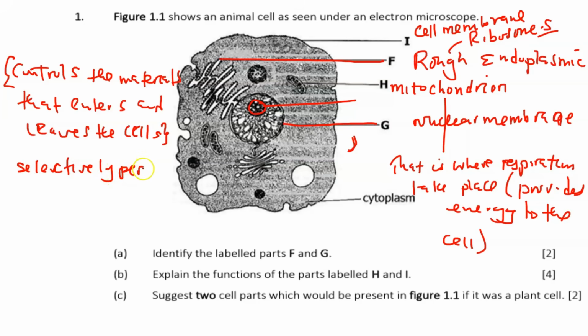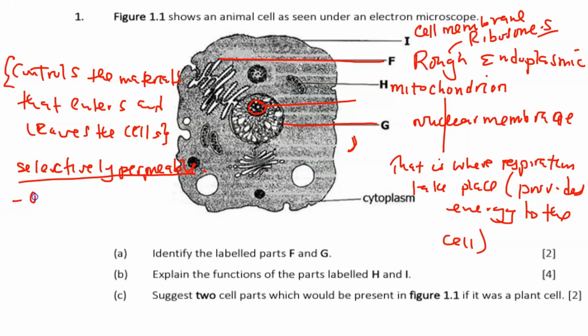Sometimes you might find a question asking what determines the permeability of the cell membrane, or what it means that the cell membrane is selectively permeable. This means that it allows some substances to enter and of course does not allow other substances to enter. That is based on the size of the substances.